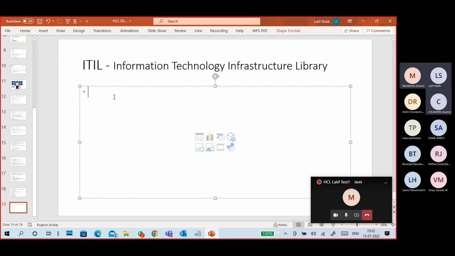The point is, what is the use of this ITIL? It will make you understand the business, before you start a business, or while you are running a business, while you are providing certain services to the customer, or when you are taking a project from the customer.